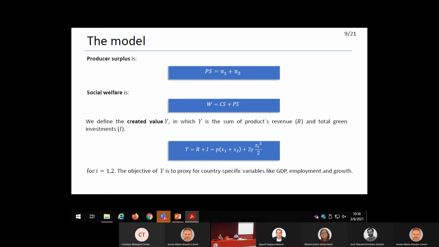And then we introduce created value, Y. And Y is the sum of product revenue and the total firms' green R&D. The objective of Y is to proxy for country-specific variables like GDP and employment, etc.